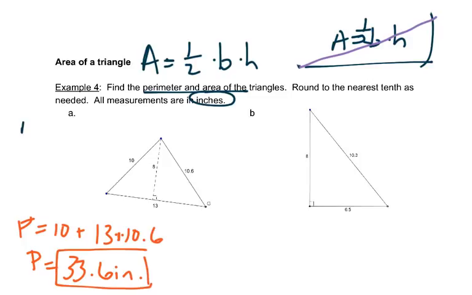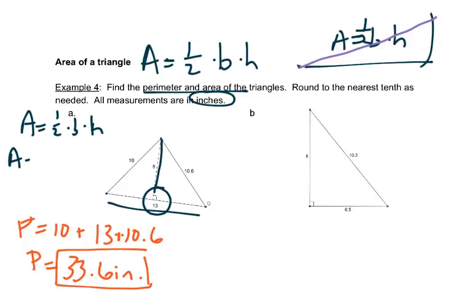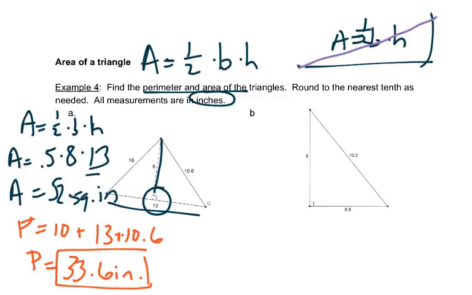Our area is 1/2 base times height. Again, we need to look for the right angle. It's right there. So we're going to use the 8 and the 13. I'm going to write 1/2 as 0.5, and we're going to do that in our calculator, typing those in all at once. 0.5 times 8 times 13. And I get 52 square inches.